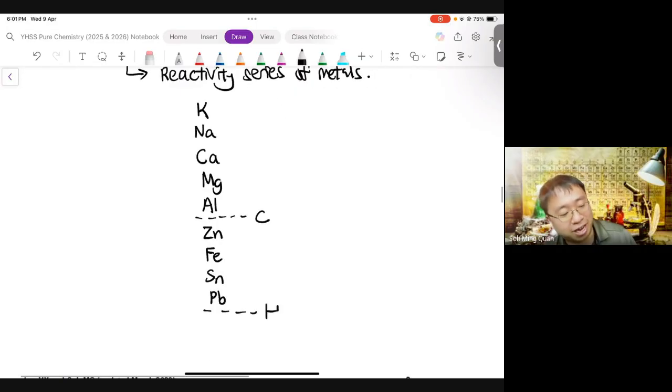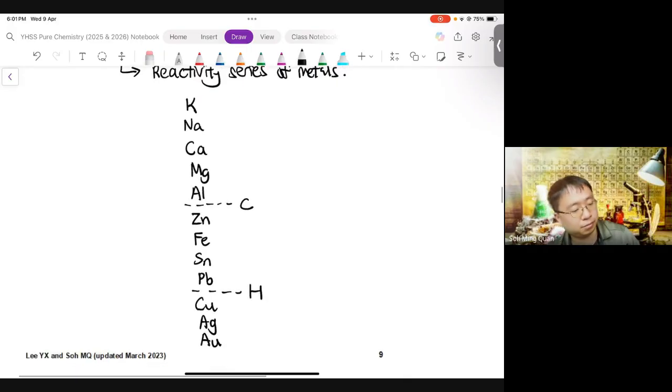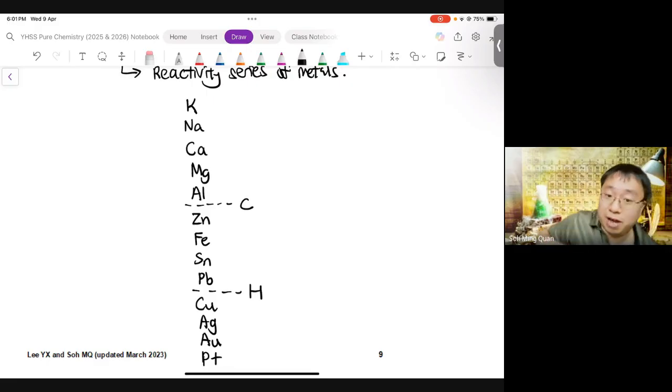Put a dotted line again to put hydrogen there. Okay, some of these metals you may never have heard of before, right? So these chemical symbols may be unfamiliar to you, but it's fine. Let's just write it down first. Okay, and I'll explain why we use dotted lines for carbon and hydrogen later.